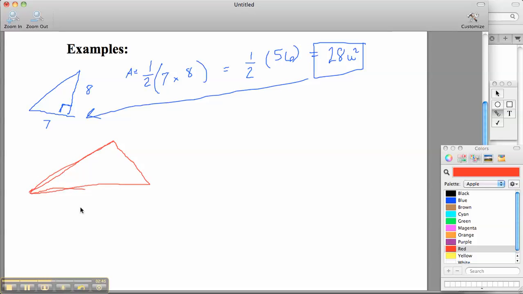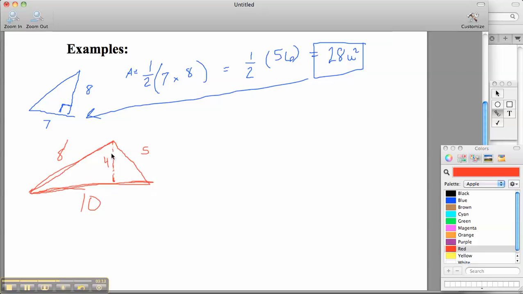Now let's say this bottom side, the base, is 10. Let's say this side is 8 and this side is 5. And let's say that the distance from here to here is 4.